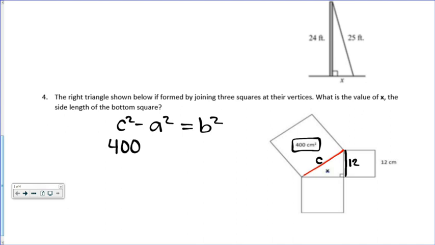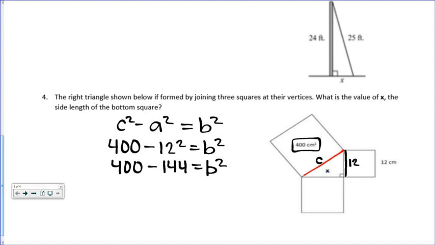So let's leave it at 400 minus a squared, which is 12 squared. So 400 minus 12 squared is 144 equals b squared. And 400 minus 144 is 256. And let's double check.